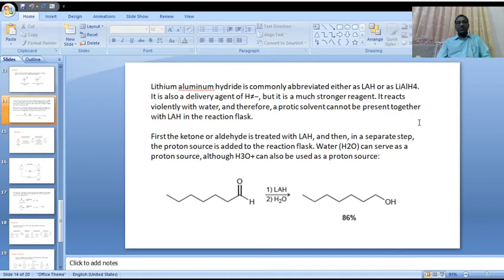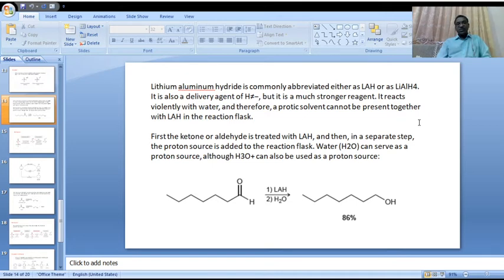The second step, the proton abstracting step, should be done separately; we will discuss it in the mechanism part. Here we should use it very carefully.